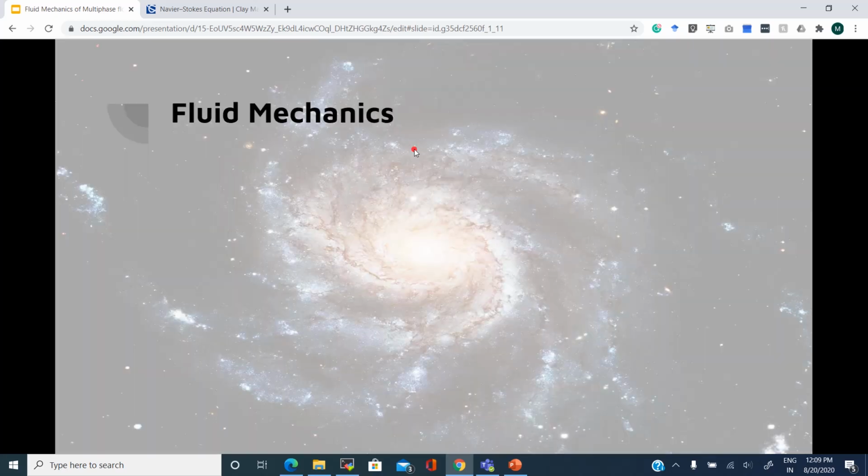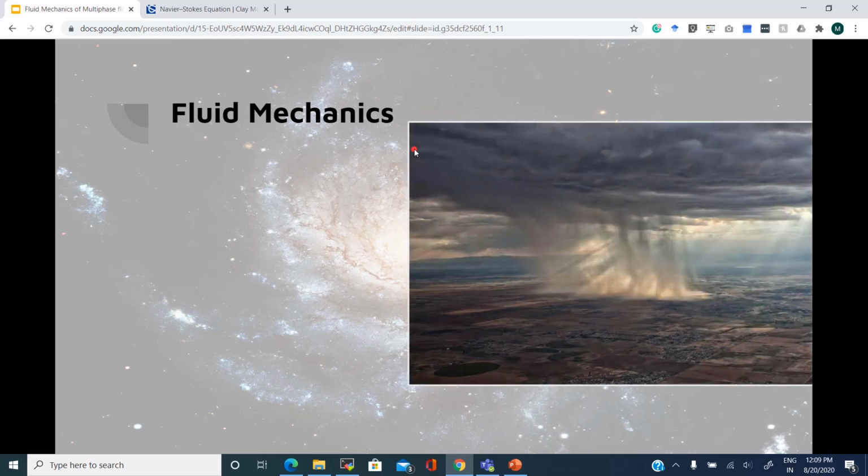Fluid mechanics is applicable everywhere, wherever you see fluids, and almost everywhere you can see fluids, ranging from the universal scale to the nanoscale. Here you can see a picture of a cloud raining over a terrain.